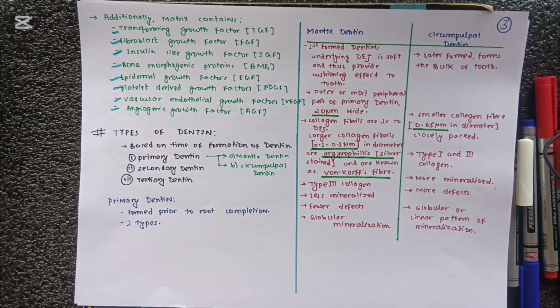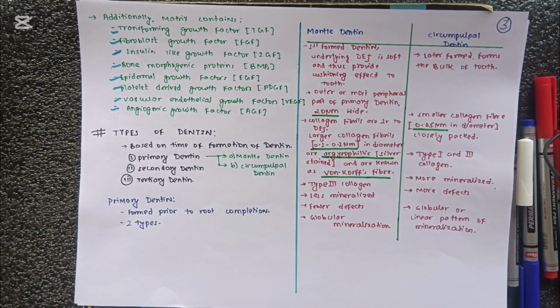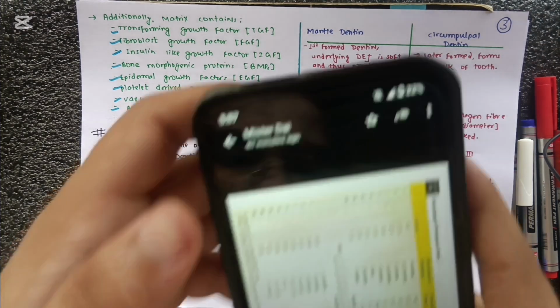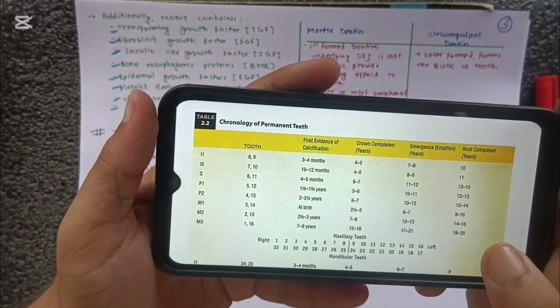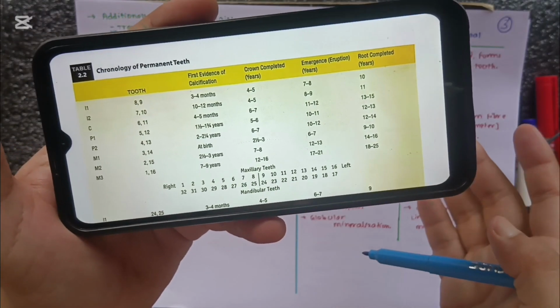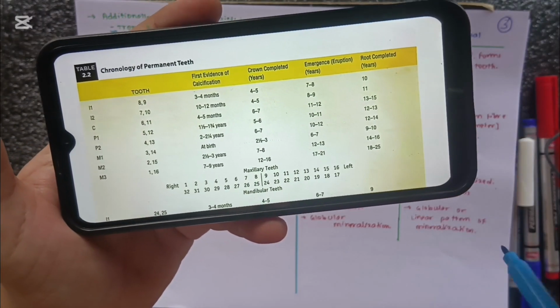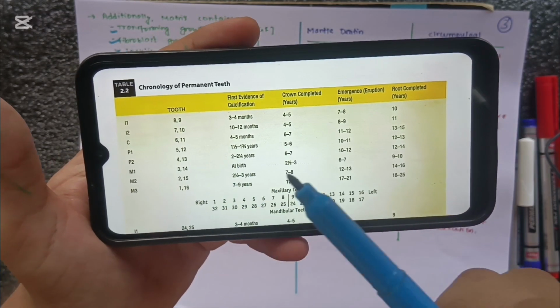I want to show you one picture. As you can see in this picture, this is the chronology of the permanent teeth. You may be wondering why, in an oral histology video on dentin, I am showing you the chronology of the permanent teeth.